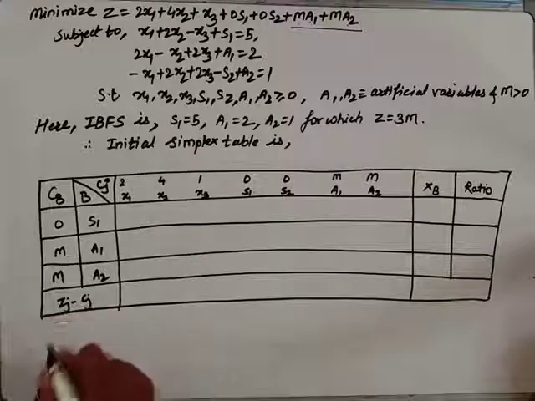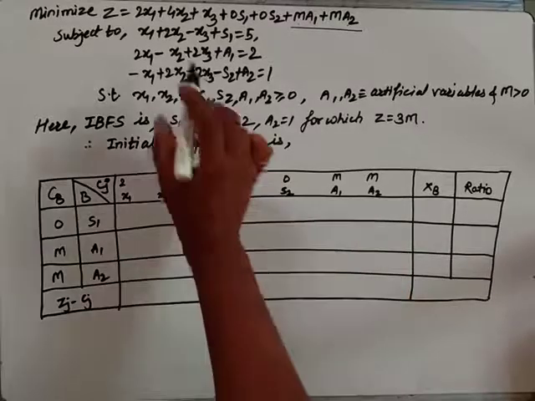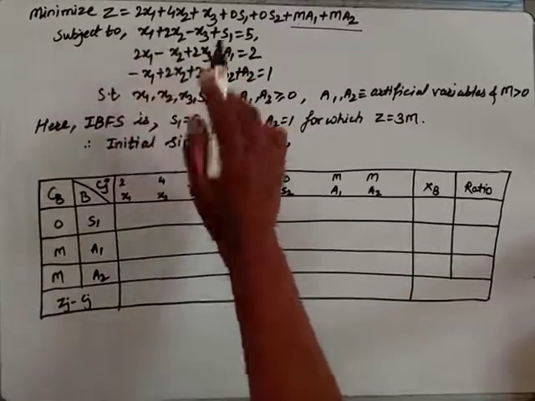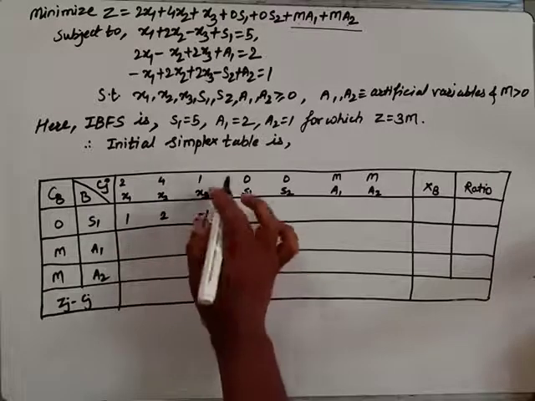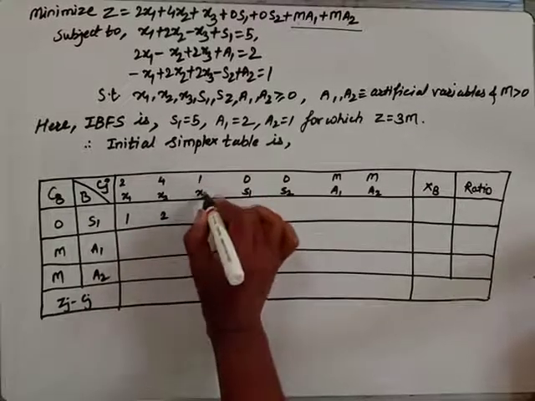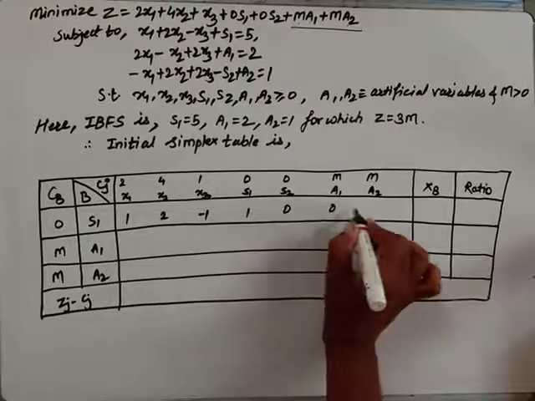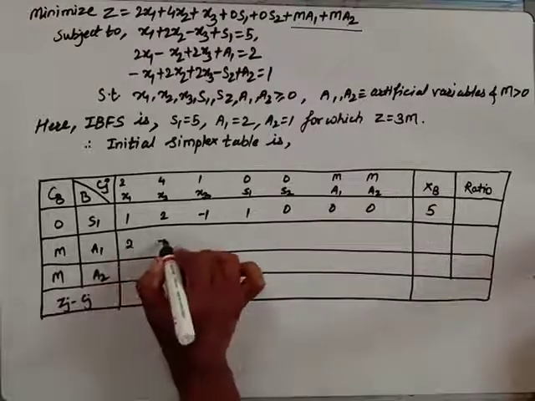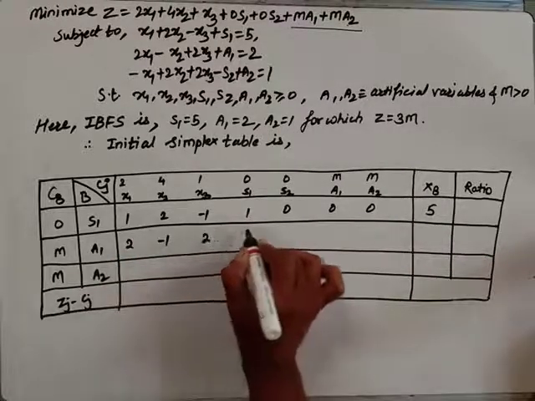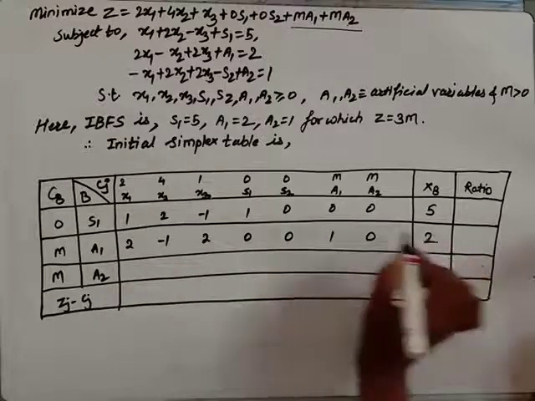Zj minus Cj. Now here the coefficients of the variables from the constraints. So here 1, 2, minus 1, it is X3. Here 1, 0, 0, 0, XB is 5. So 2, minus 1, 2, 0, 0, 1, 0 and 2.